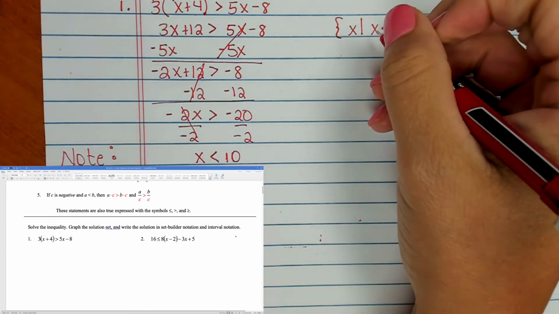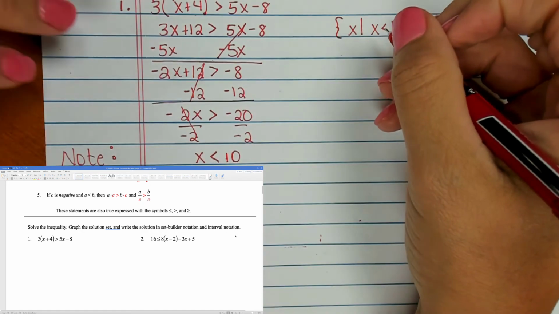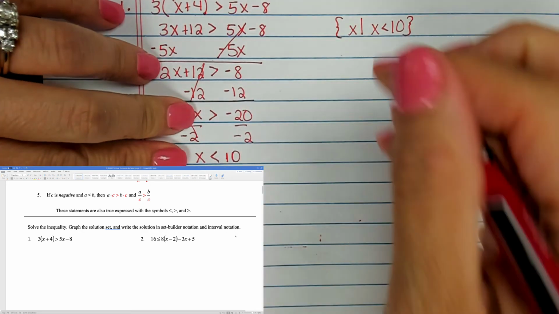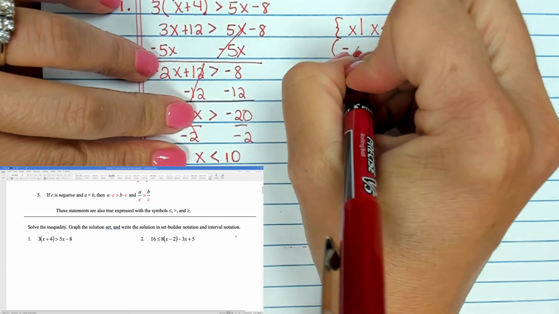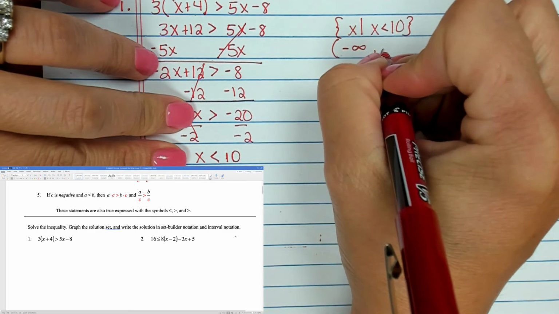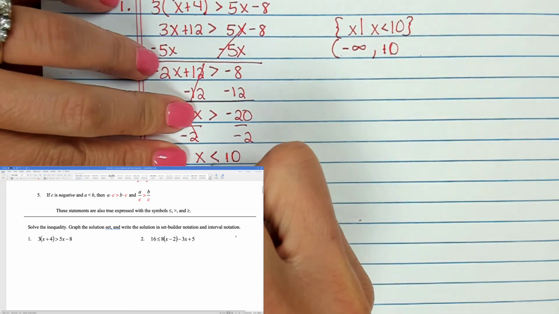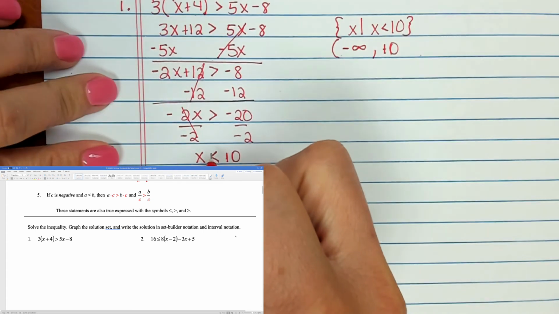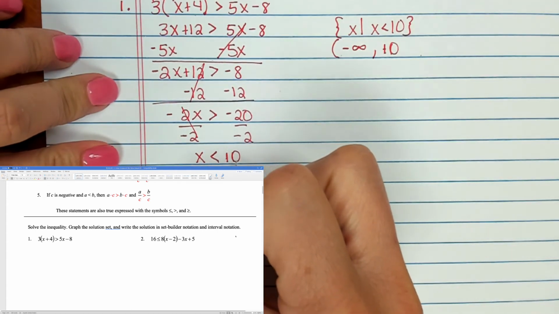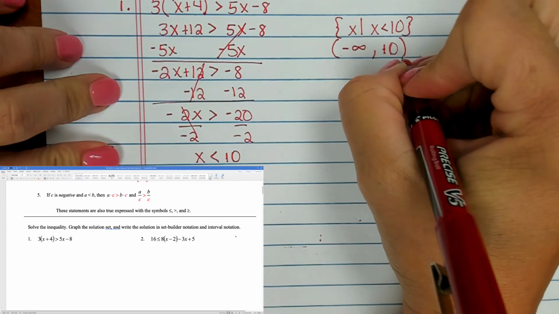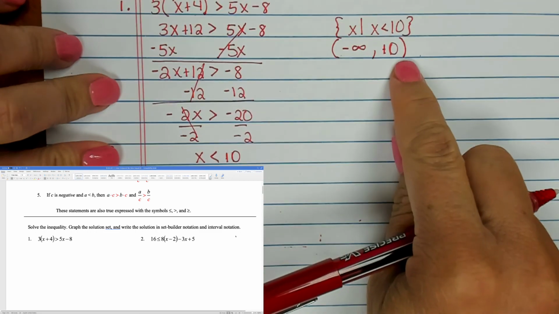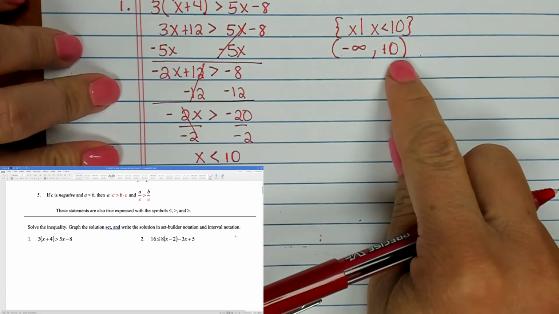Okay, interval notation, how do I represent all numbers less than 10? Well, it's everything from negative infinity to 10, but because I don't have the equal sign there, I'm not actually including 10, so I am going to put parentheses there, showing that's where I'm stopping.